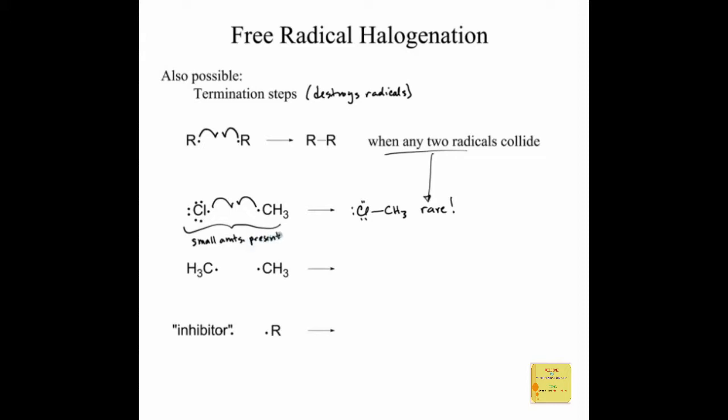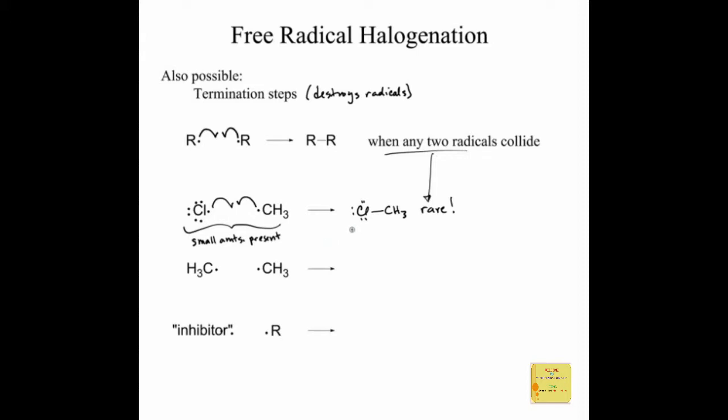You have a very, very small concentration of any radical. It's a fleeting intermediate. And so what is it more likely to collide with? Is it going to collide with a stable neutral molecule that you have in high concentration, or is it randomly going to collide with some other radical that you have in a very small concentration? It's obviously going to react with a stable molecule instead.